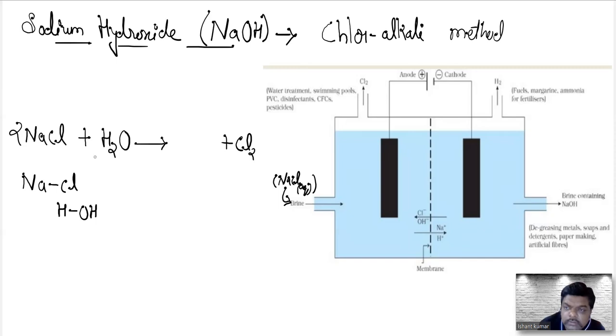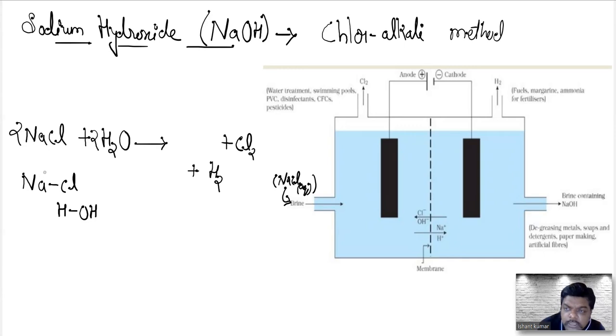On balancing this equation, we get 2 NaCl, so two water molecules are also required. On reaction, 2Cl plus H2 gas will be released.